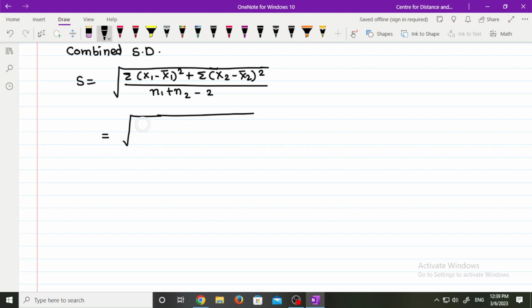the sum of x1 minus x1 bar squared, which is 643.3335, and the sum of x2 minus x2 bar squared, which is 654.1982, divided by n1, that is 15, plus n2, that is 15, minus 2.